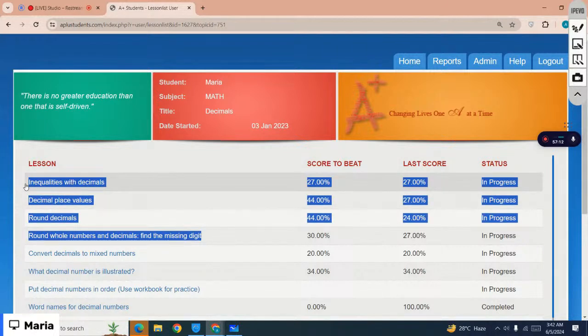The lessons we have covered today are inequalities with decimals, decimal place values, round decimals, and round whole numbers and decimals, find the missing digits. So please make sure before the next session you complete all the practice questions for the lessons we did today. That is your homework until the next session.